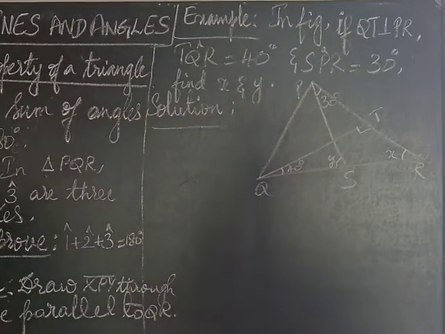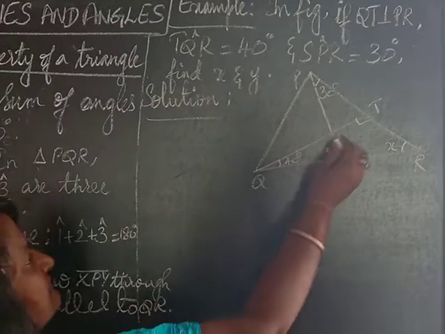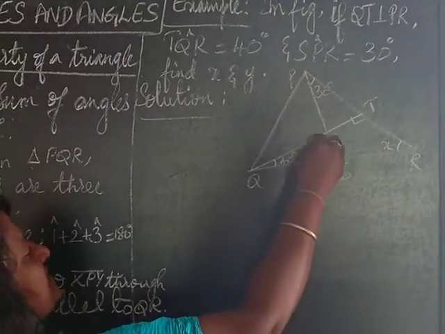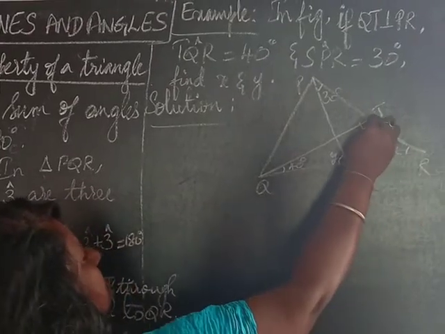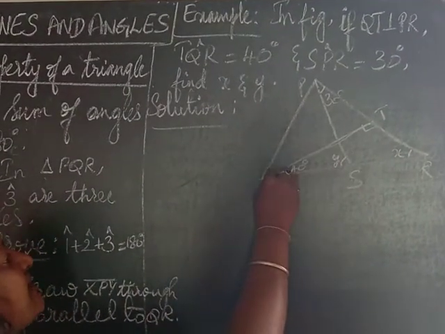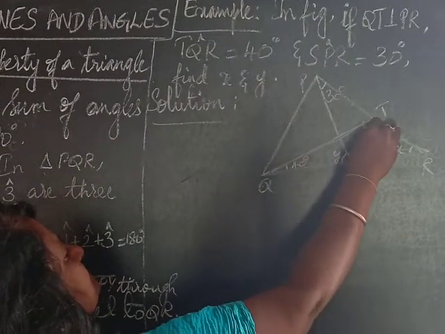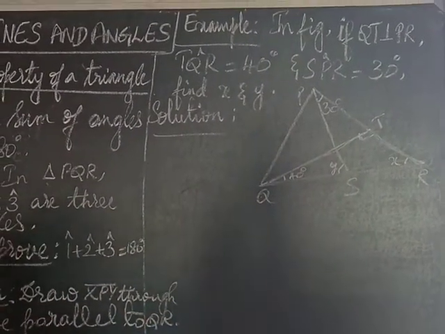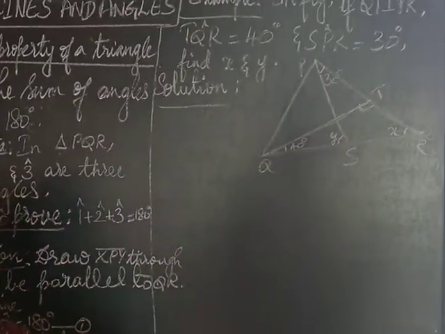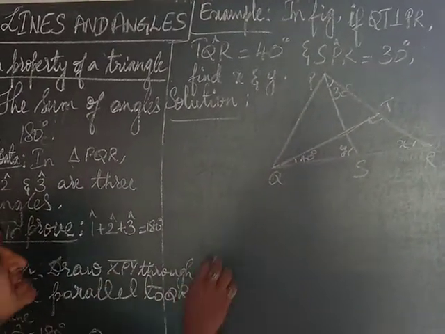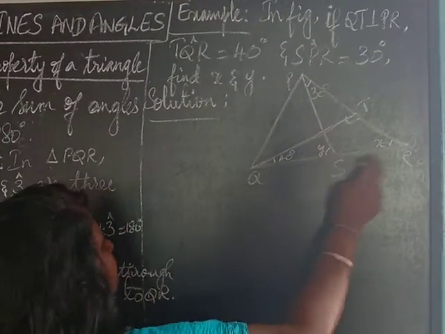Okay, children. Now if we take this triangle T, Q and R, just observe here. What type of triangle? Since one of the angles here is 90 degrees, since QT is perpendicular to PR. So using the angle sum property, this is 40 degree, X and 90 degree, we can find out the X value. Yes or no?